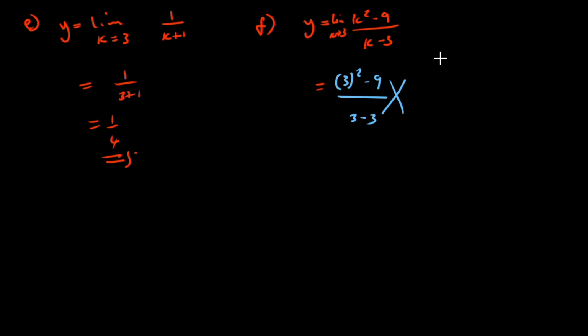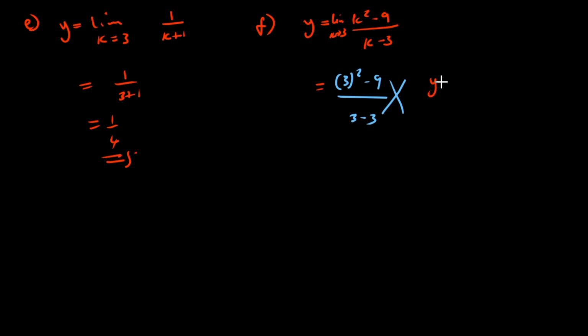And what could be the way? The way is we start by factorizing on top. This is a difference of two squares. k minus 3, k plus 3, all over k minus 3. Oh, by the way, there's still the limit.